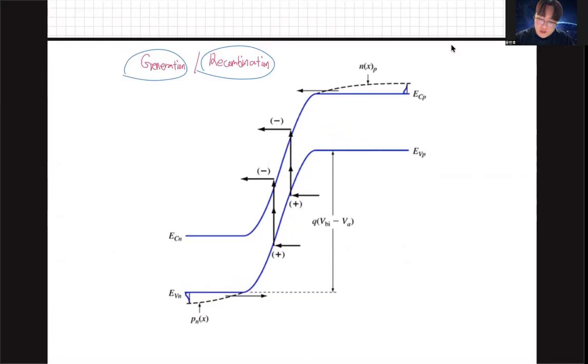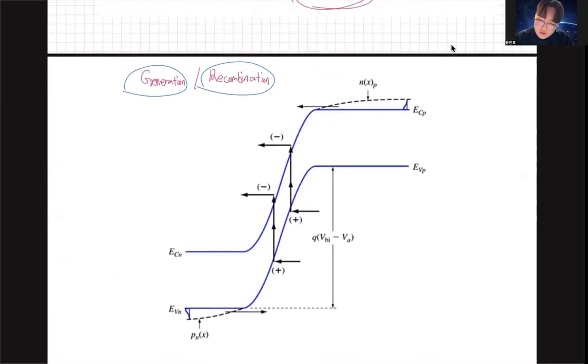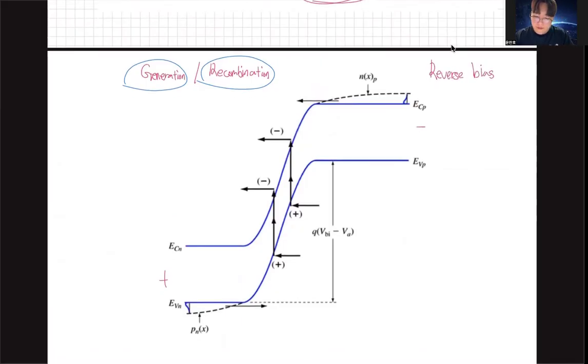Okay, as you can see in this slide, here is some reverse bias. Now I will tell you about generation first.